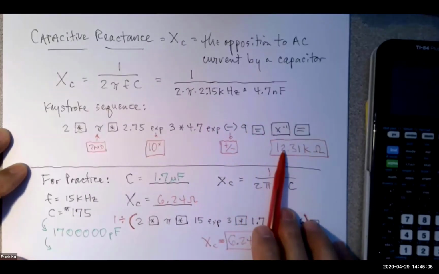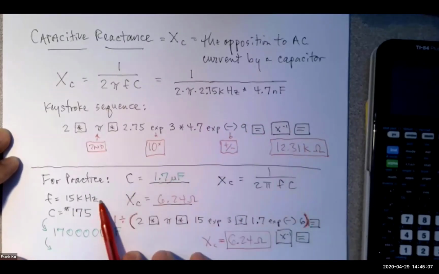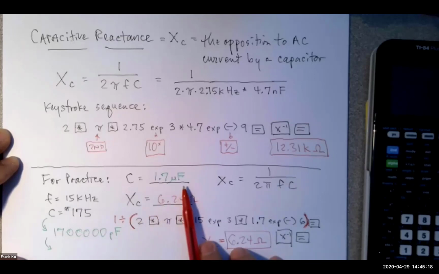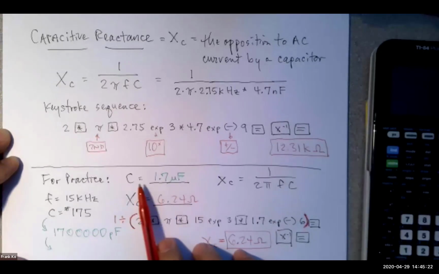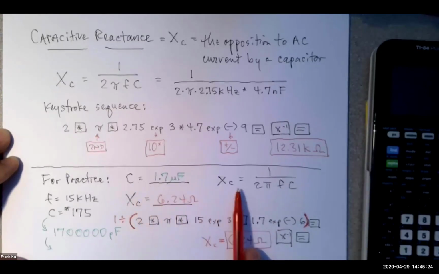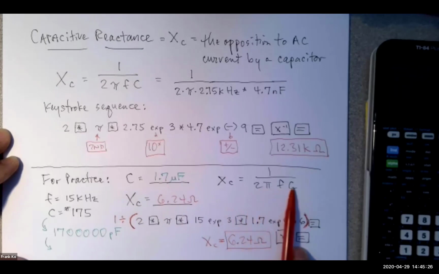We calculated this. For practice, new frequency, new coded value. You were able to decipher the coded value as 17 followed by 5 zeros picofarad, which you should be able to interpret as 1.7 microfarads being the cap value. Then you needed to pop all of those numbers into the formula.